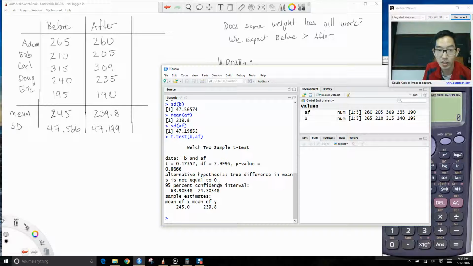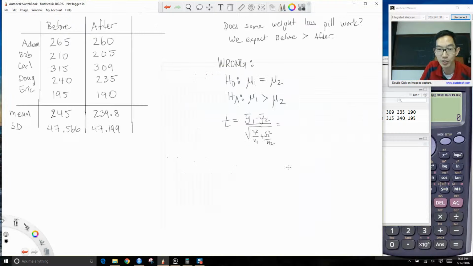But I'll show you. So we would have 245 minus 239.8 divided by our standard error, which is going to be 47.566 squared over 5 plus 47.199 squared over 5.